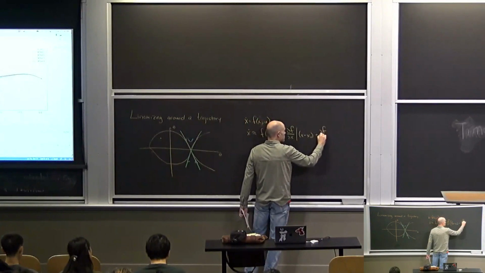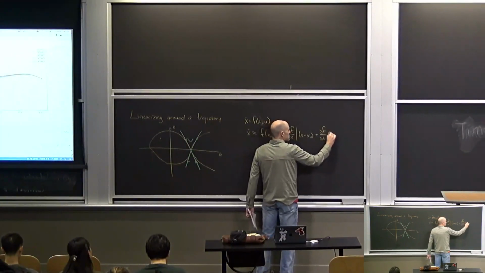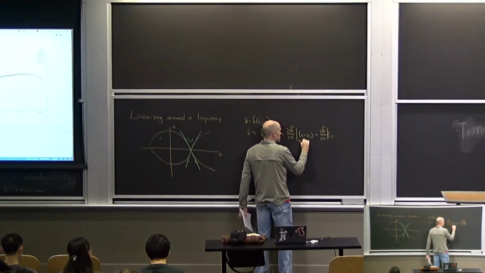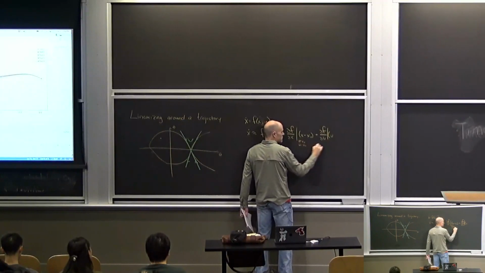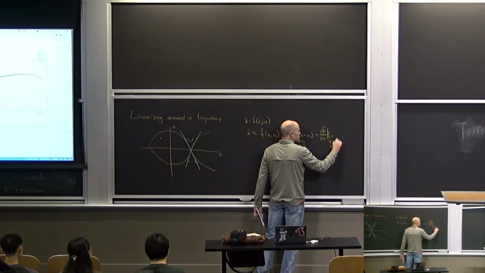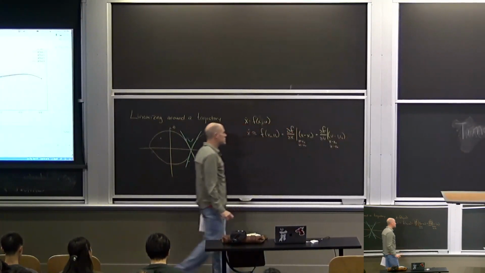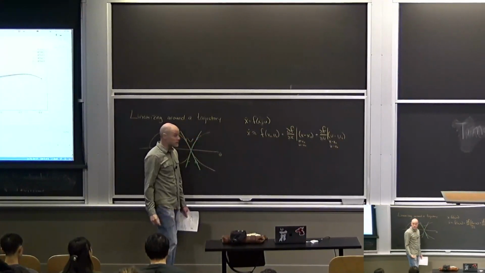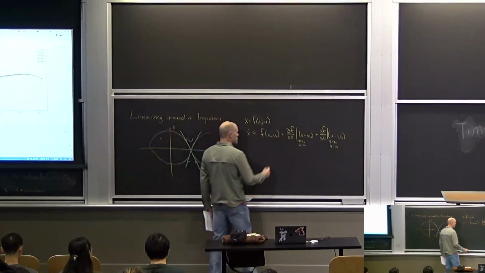This is my first order Taylor expansion, evaluated at x equals x0, u equals u0. Right, that was just my linearization, my first order Taylor approximation.